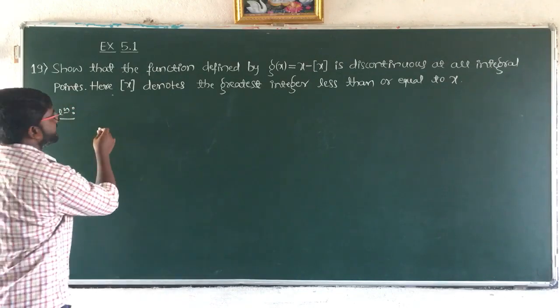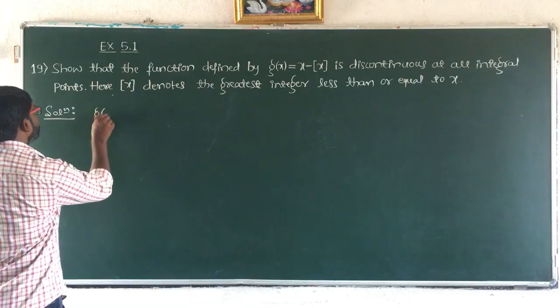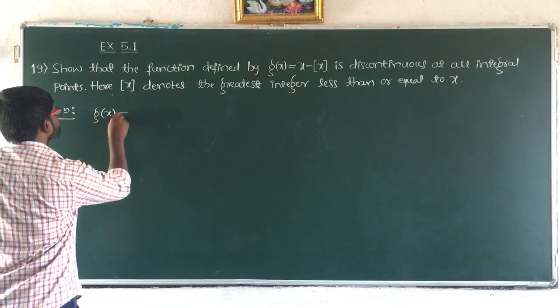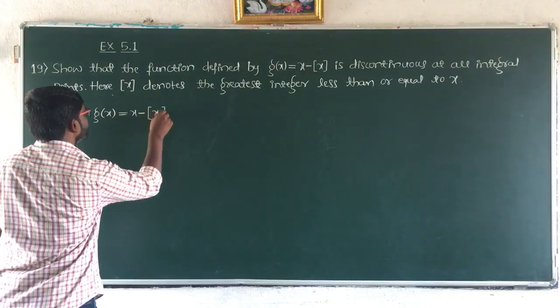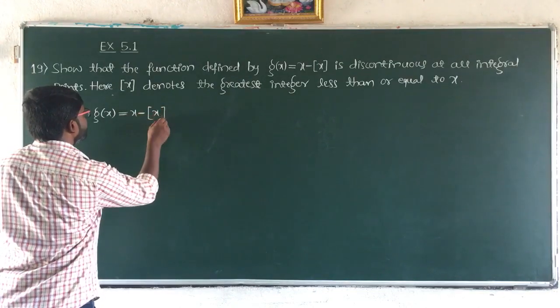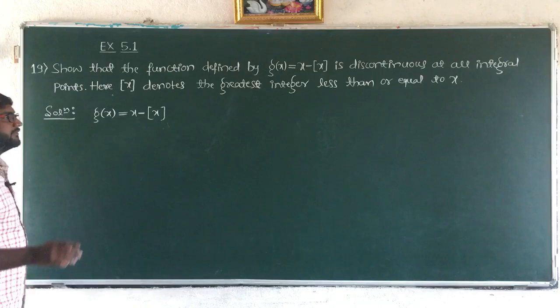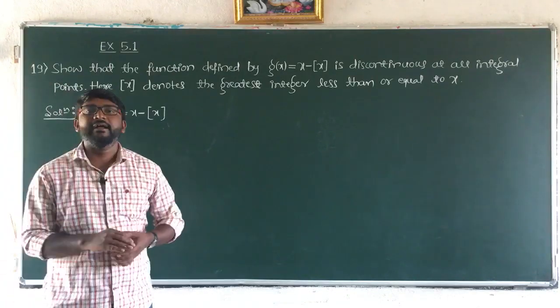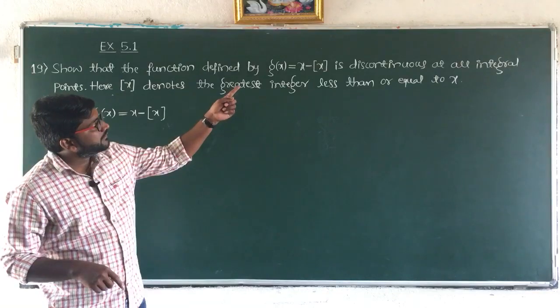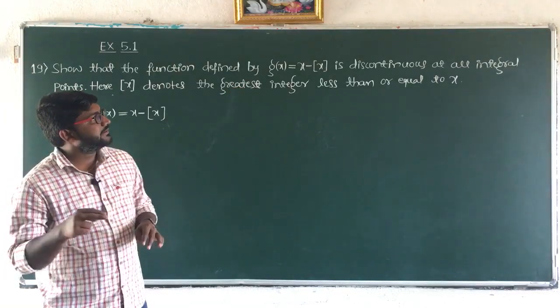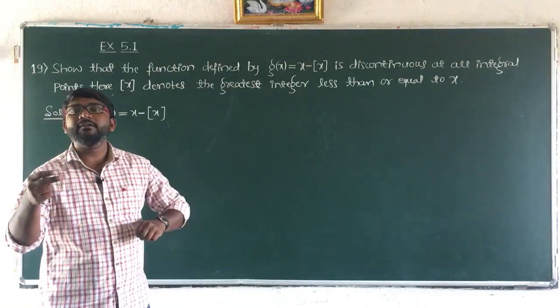So, the given function is g of x, which is equals to x minus greatest integer x. So, here we have to go for the value of the function, LHL and the RHL, because we have to prove that x minus greatest integer x is discontinuous at all integral points.